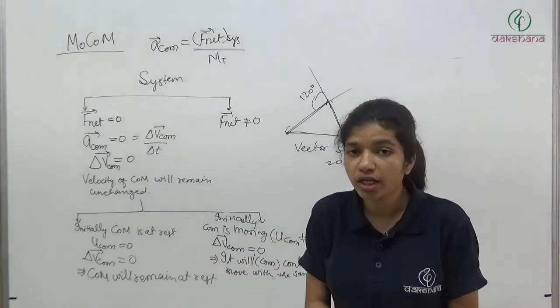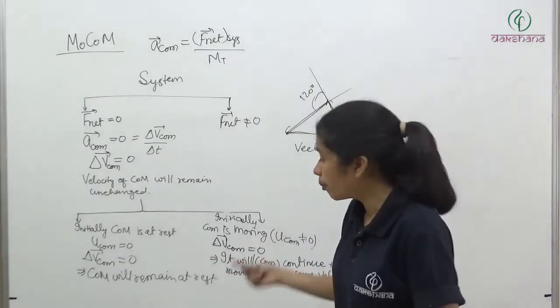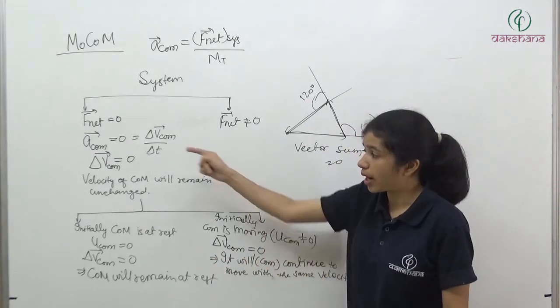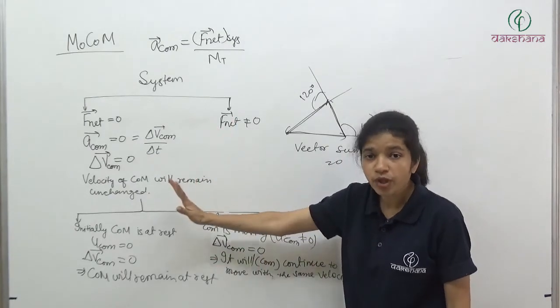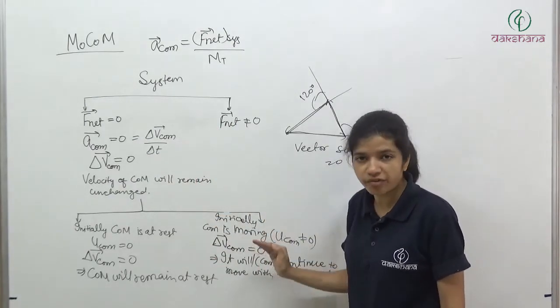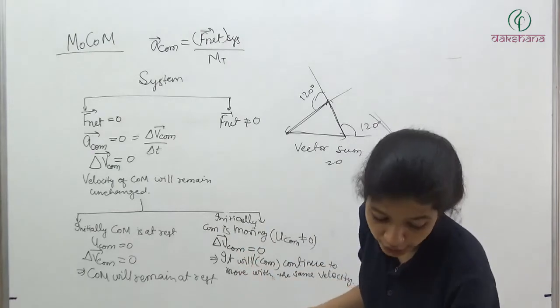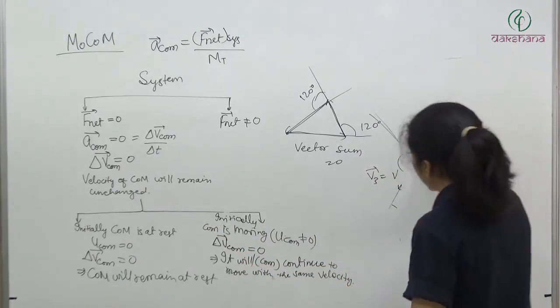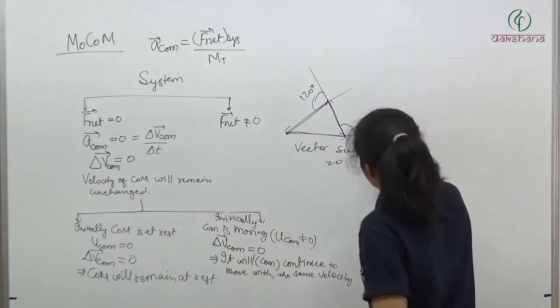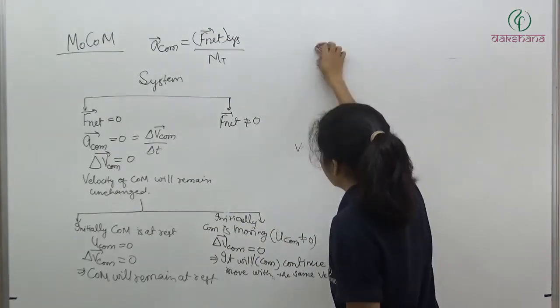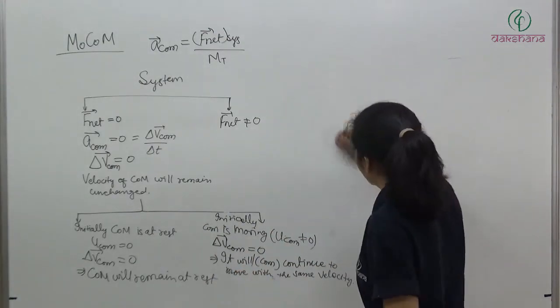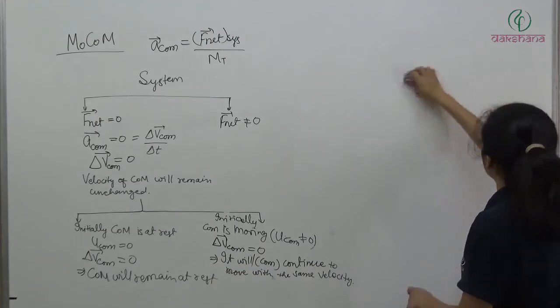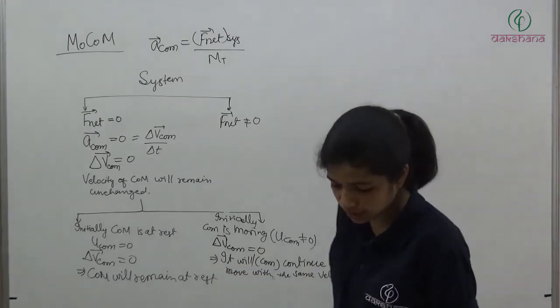So individual particles may have a variable velocity, but if the net force on the system is 0 and if it was having some initial velocity, then the center of mass will continue to move with the same velocity, and if it was at rest, it is going to remain at rest. जो कि हमने देखा, individual particles are moving but the center of mass is at rest.